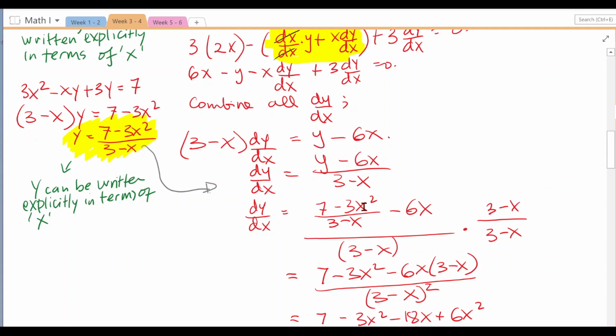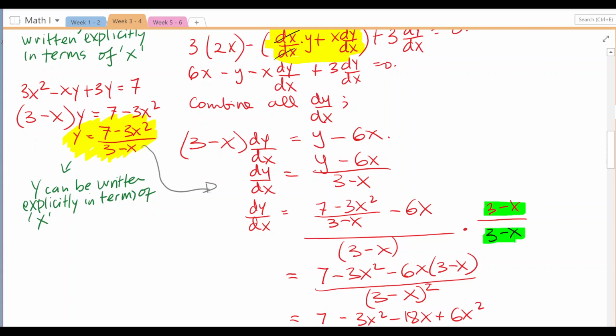The next one, 7 minus 3x squared over 3 minus x, which is the original expression of y, minus 6x, so divided by 3 minus x. So in here we have 3 minus x. We can multiply by 3 minus x over 3 minus x, which is basically equal to 1.